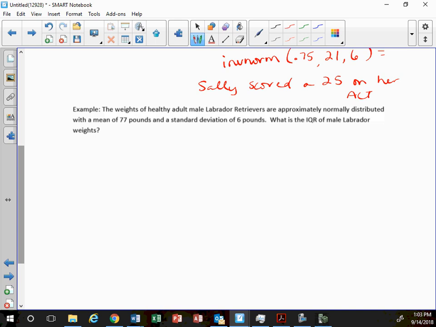All right, the weights of our dogs here are approximately normally distributed. So we can say N, mean of 77, standard deviation of 6. All right, I'm asking you for the IQR. So go ahead and find that. Think about what IQR tells you.